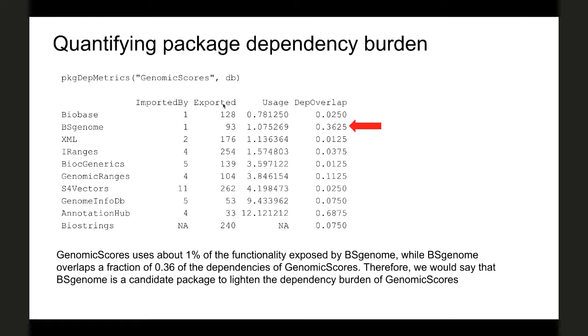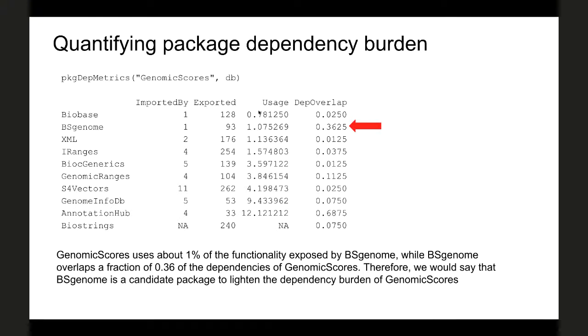The number of functions exported by each of these dependencies. Then the usage, which is a fraction of these two quantities. And then the dependency overlap, which is this quantity I described. This table is ordered by usage, so I have from pure usage to more usage.